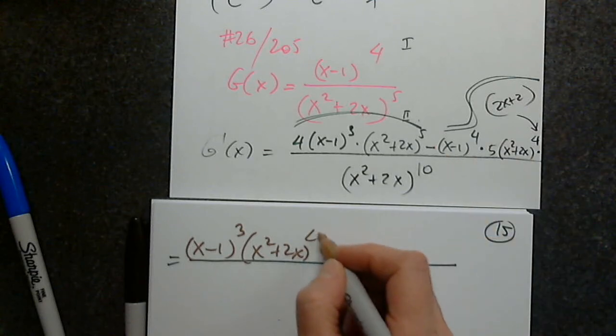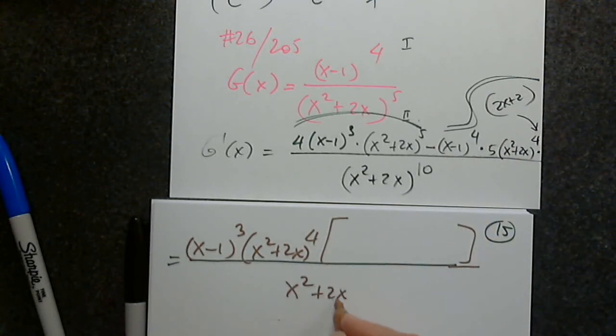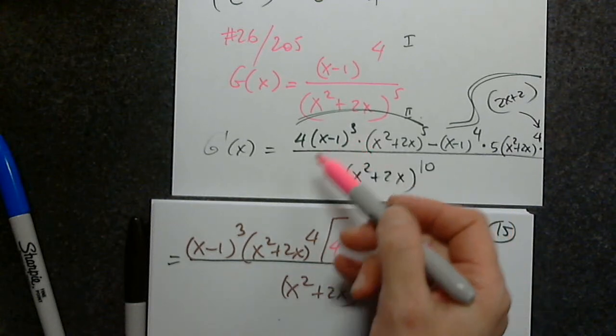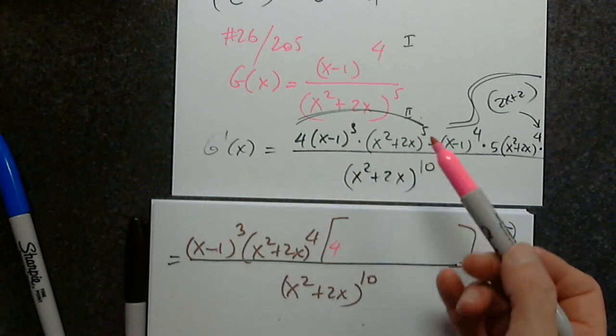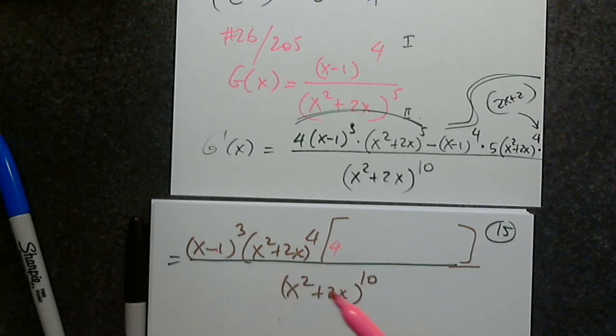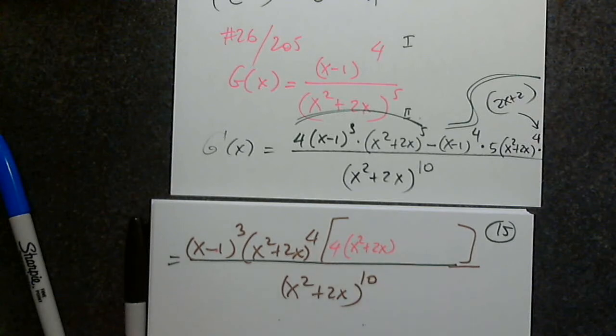Indeed, 4 and 5, the smallest. And then I have x squared plus 2x to the 10th. And now we have to be very careful what is left in brackets. From the first term, there is a 4 left. This is completely out. And from 5, I pulled out 4 of those. Then one of them is left inside. Do you agree?